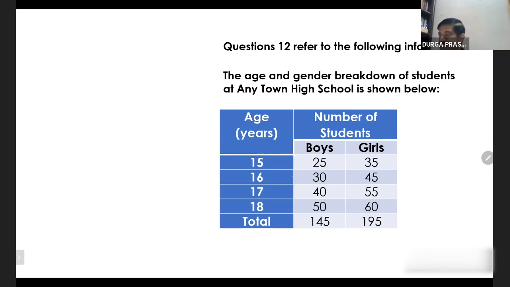Like that for 16, 17, 18, and the total number of boys is 145, and the total number of girls is 195. So the total number of students will be 5 plus 5, 10, 10 plus 4, 14, so 340 are the total number of students, boys and girls together.